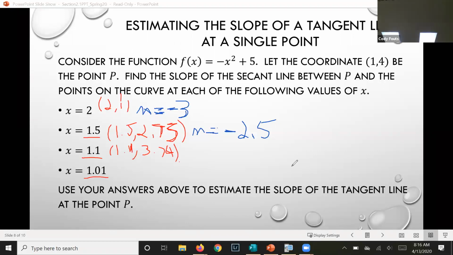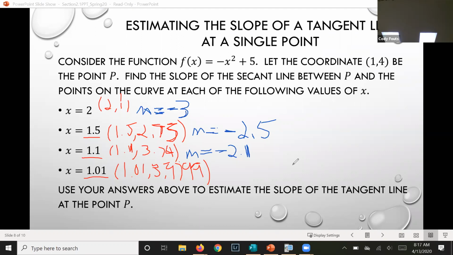Okay, and we plug that into our slope formula. Then we get m equals negative 2.1. And then finally, we have the point 1.01, comma, 3.9799.